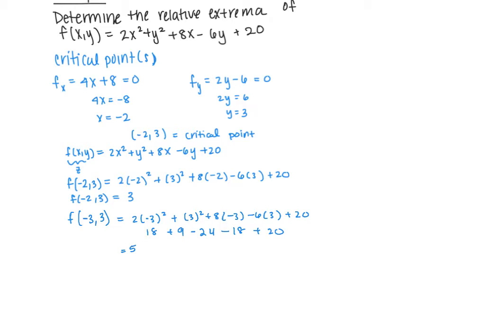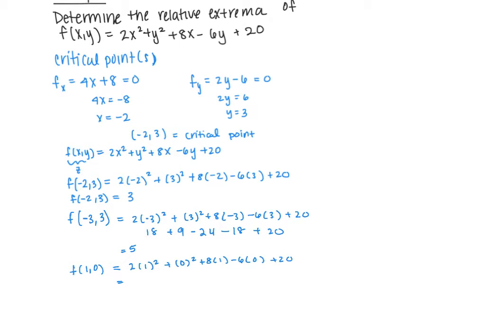And I can pick any other value, maybe pick something to the right. So I can also test f of 1, 1, or even 0, 0 if I wanted to. I'll test 1, 0. 2 times 1 squared plus 0 squared plus 8 times 1 minus 6 times 0 plus 20.